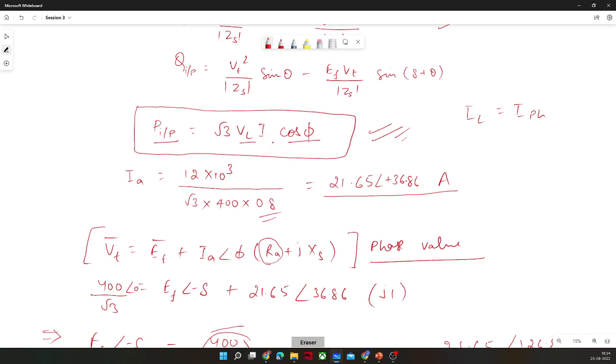This is the universal formula, which is root 3 VL IL cos phi. But in this problem, the armature current is star connected, so whether it is line or phase doesn't matter for current. In voltage, we have to convert, sure. Is it fine? Yes, sir. Okay, thanks.